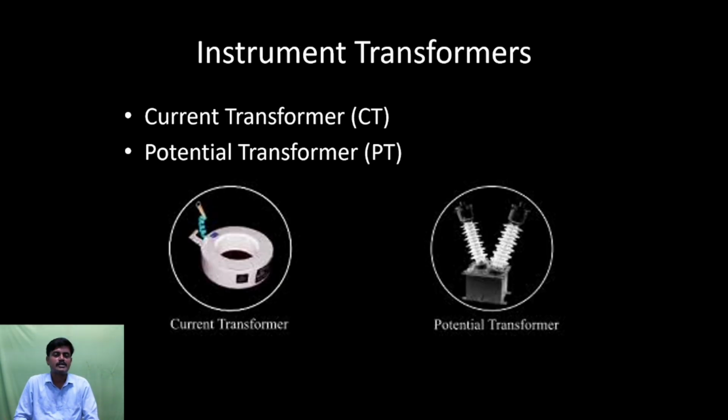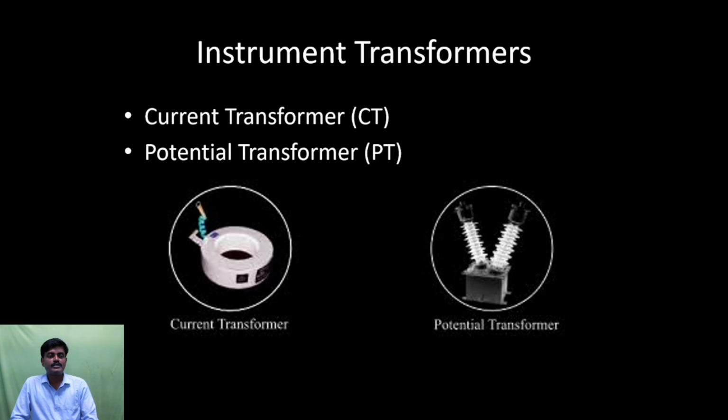Then instrument transformers. What I previously said is that a transformer is mainly for stepping up or stepping down values. Here we are also using it for instrument purposes. Suppose I want to measure a 110 kilovolt supply, 210 kilovolt supply, or 330 kilovolt supply, some kilovolt range.